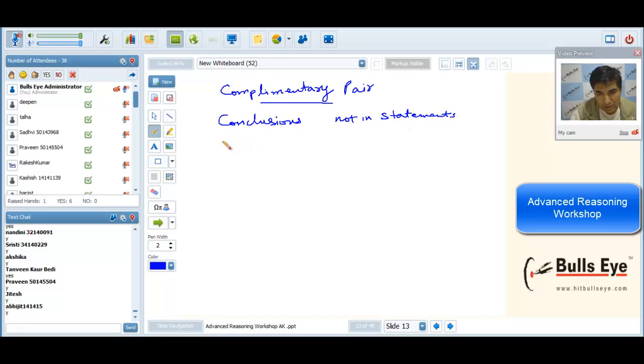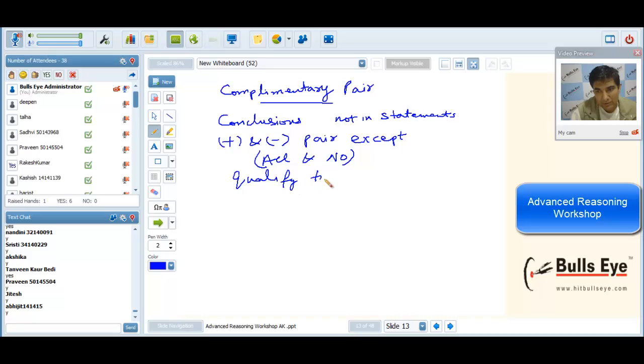All such conclusions which are a positive and negative pair except all and no qualify to be a complementary pair.